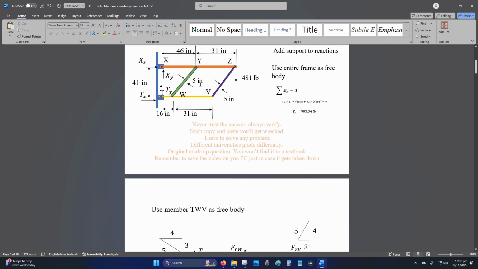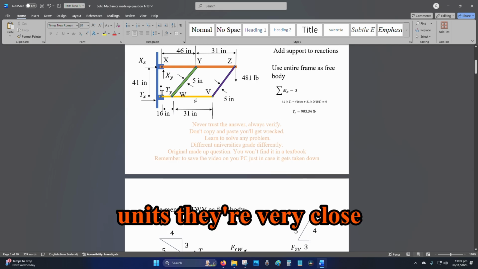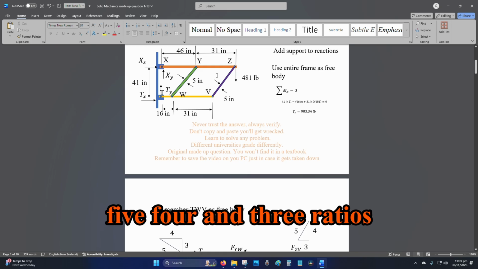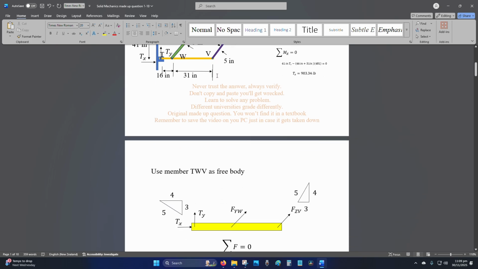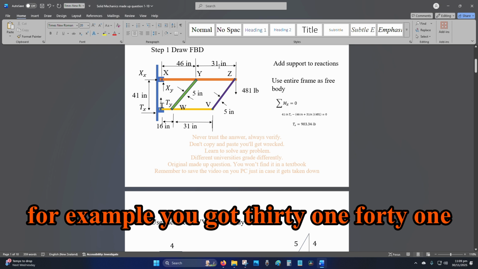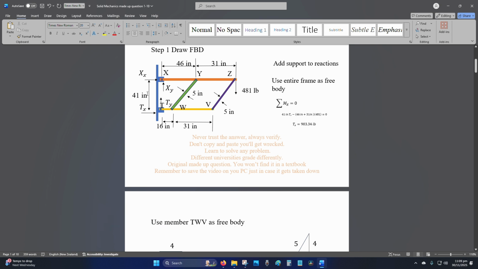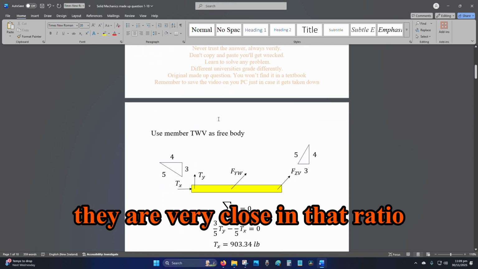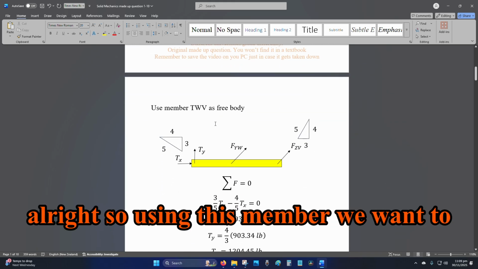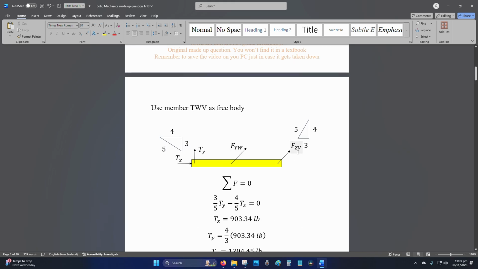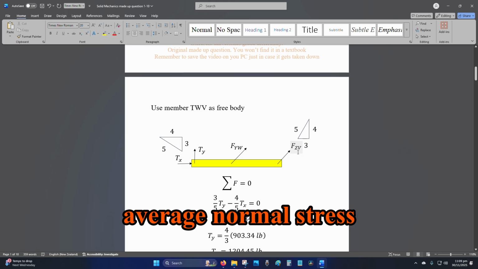If you look at the units, they're very close to 5, 4, and 3 ratios. So for example, you've got 31, 41. So they are very close in that ratio. Alright, so using this member, we want to find the forces YW and ZV, which then will allow us to find the average normal stress.